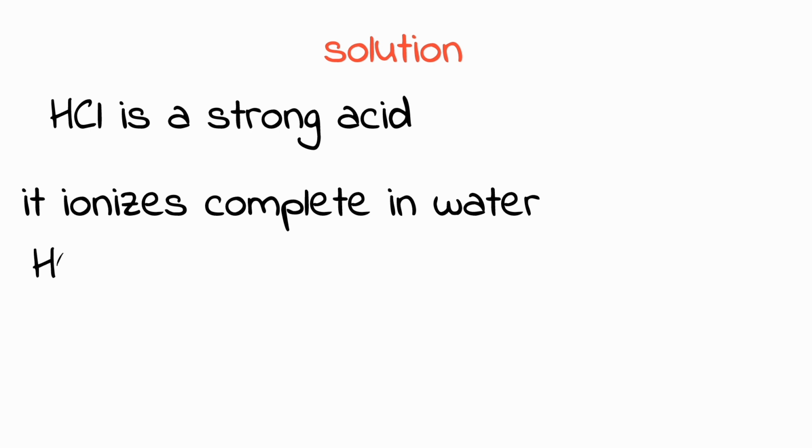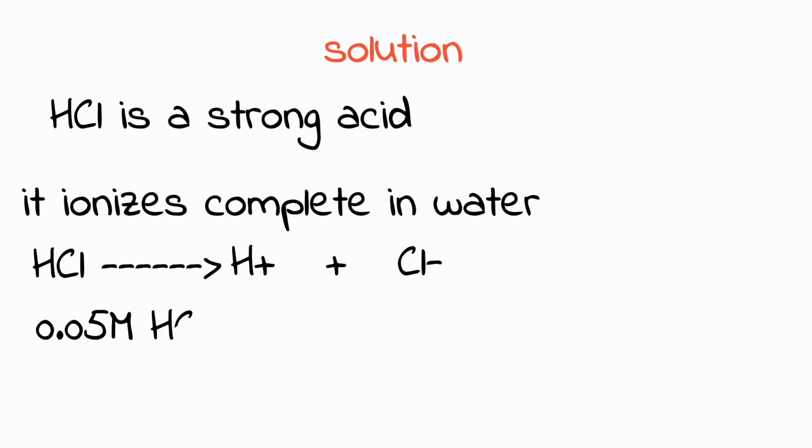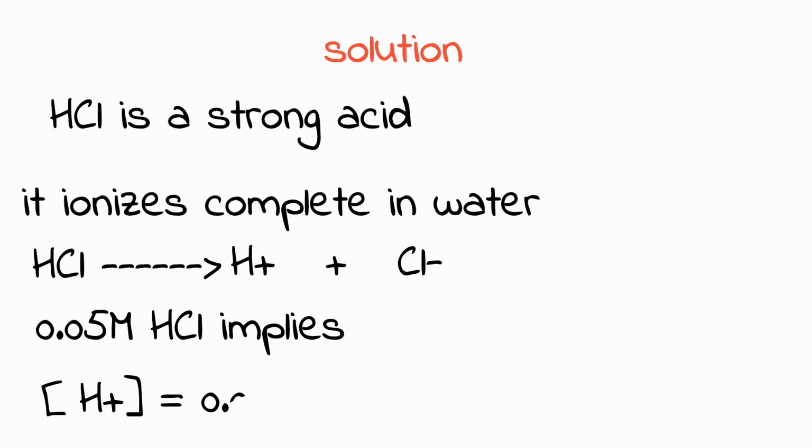HCl dissociates in water to give H plus, that is hydrogen ion, plus Cl minus, that is the chloride ion. 0.05 molar hydrochloric acid equally implies the concentration of the hydrogen ions in solution is equal to 0.05.